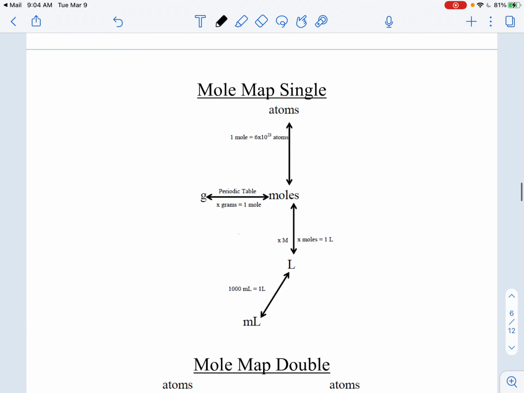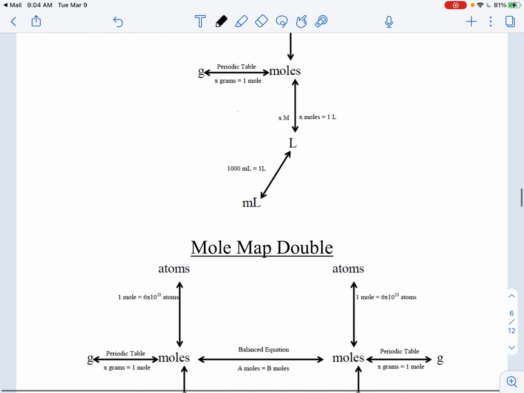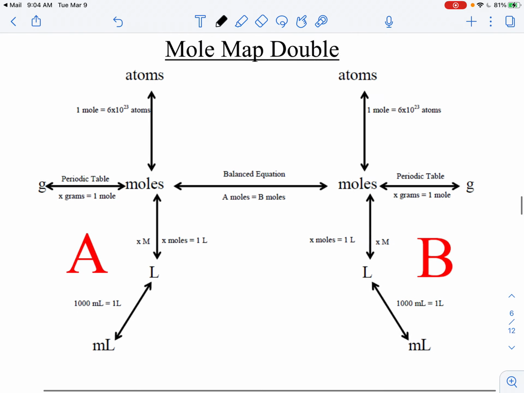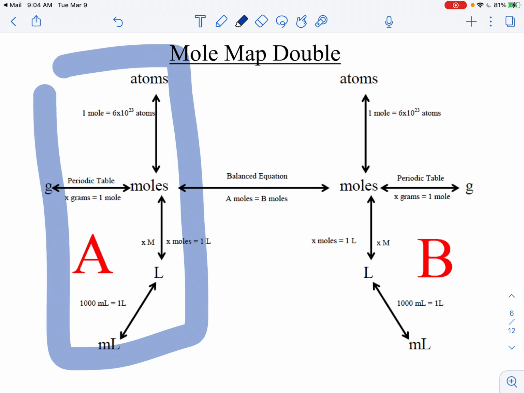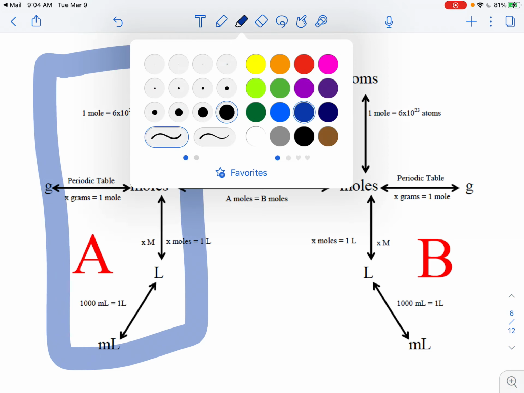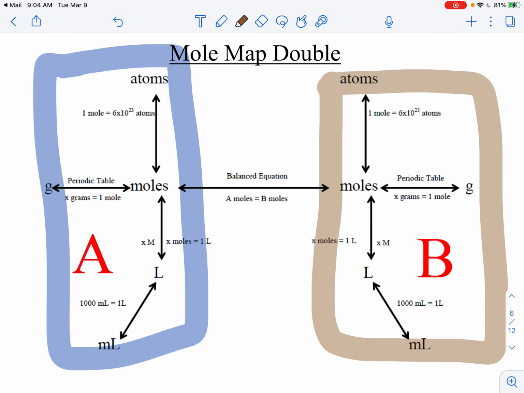So now we are going to take the traditional mole map, which is this single guy here, and we're going to double it into this guy here. Now you'll notice that everything on this side of the equation is identical to everything on this side of the equation. One side is an A side and one side is a B side.